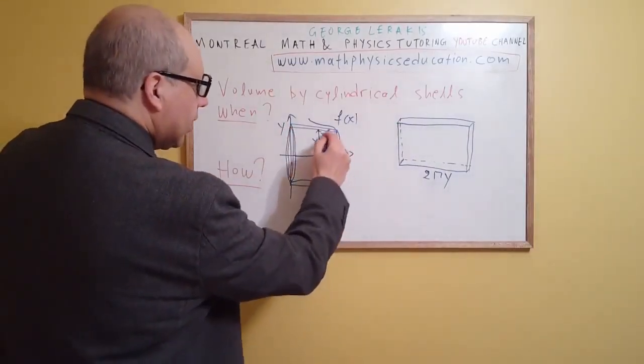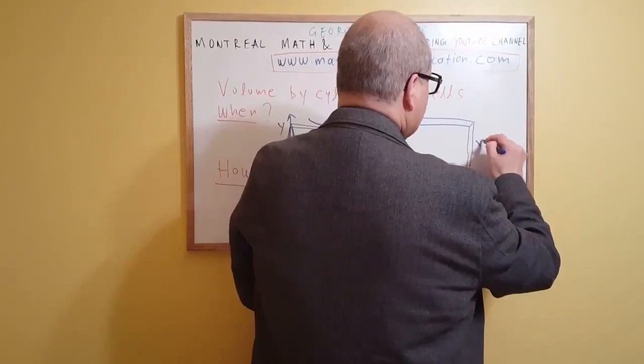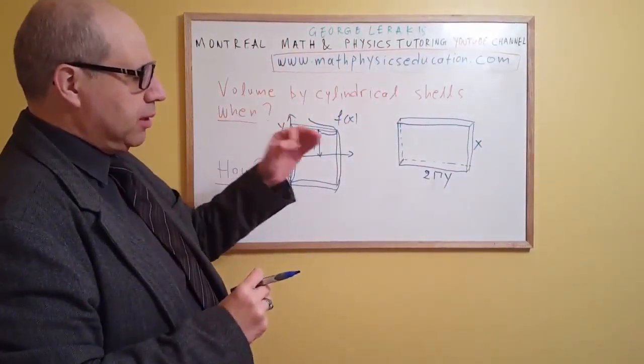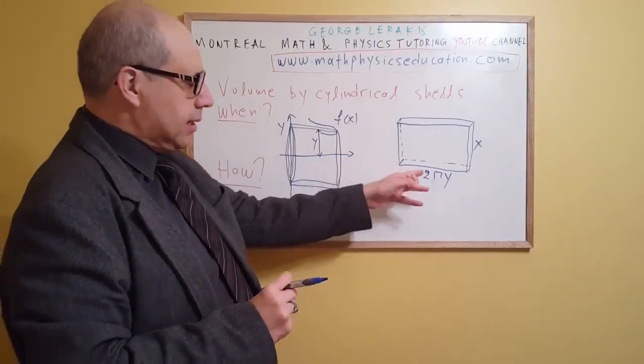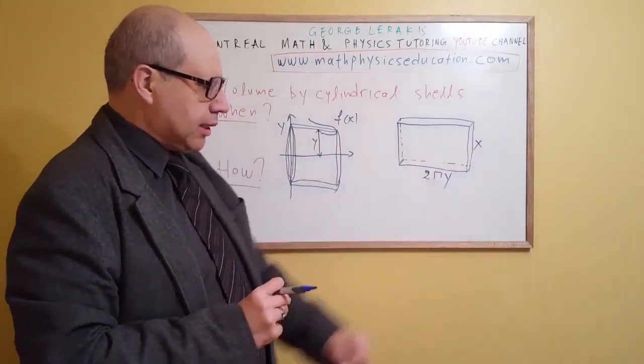This is the x. So we have a parallelepiped where one side is 2 pi y and the other side is x.